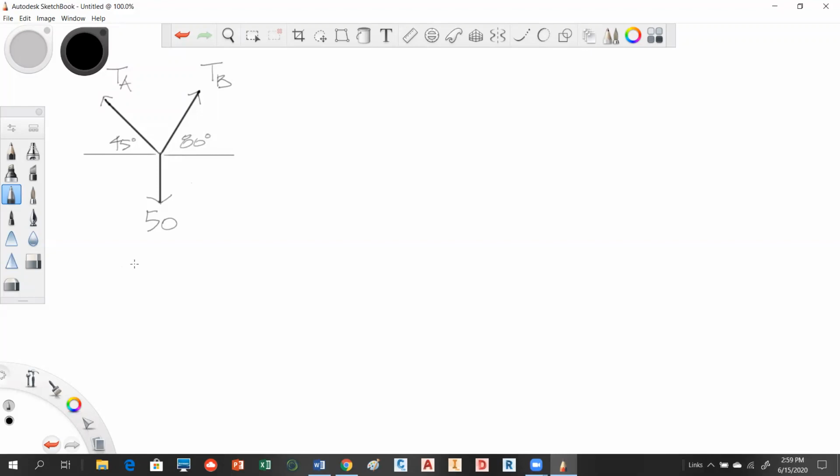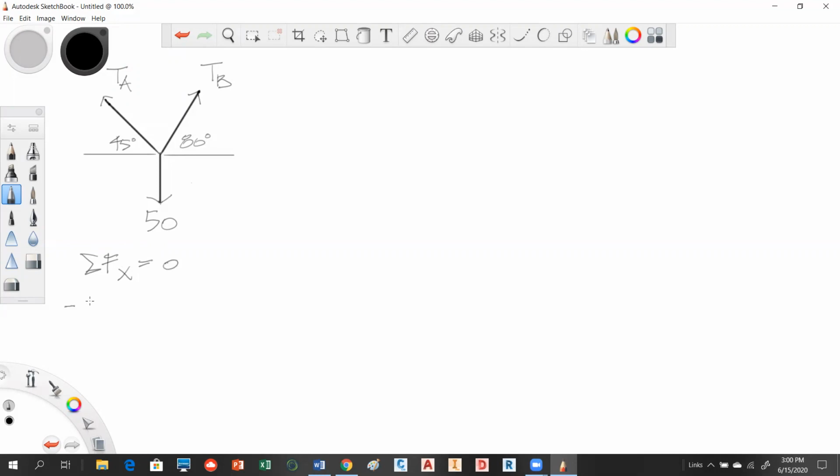So now we're going to write sum of forces in X and sum of forces in Y, because this is a concurrent force problem again. We don't do moments, they don't come into play. So we're going to do this algebraically. Sum of forces in the X have to equal 0.